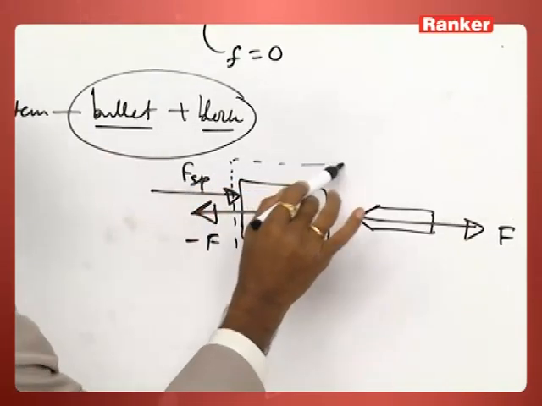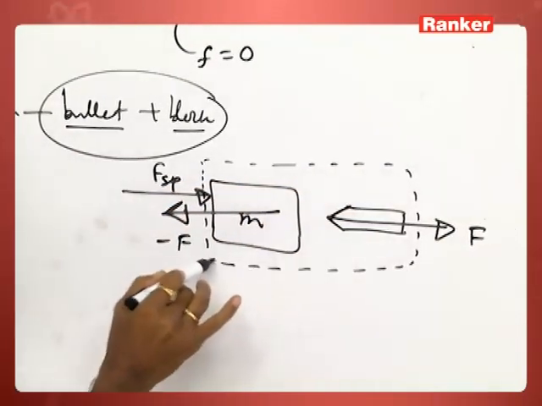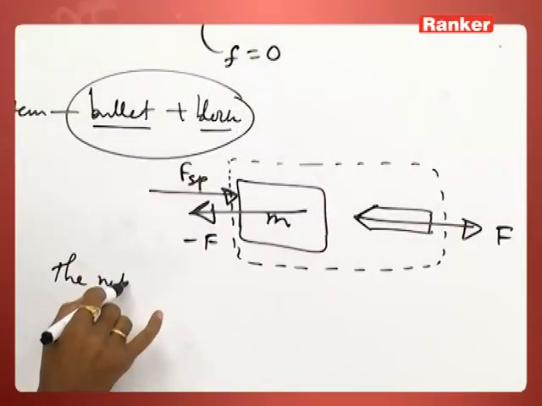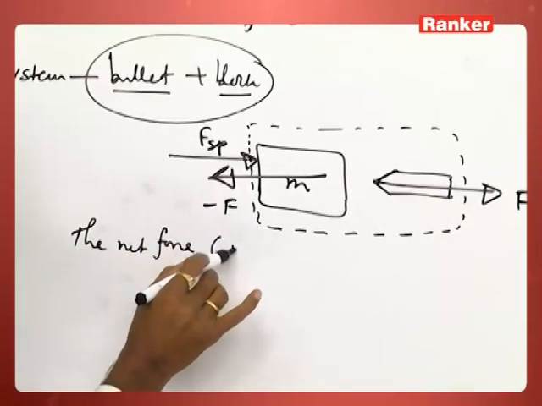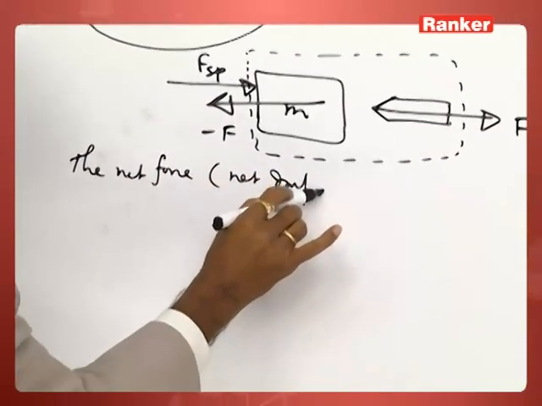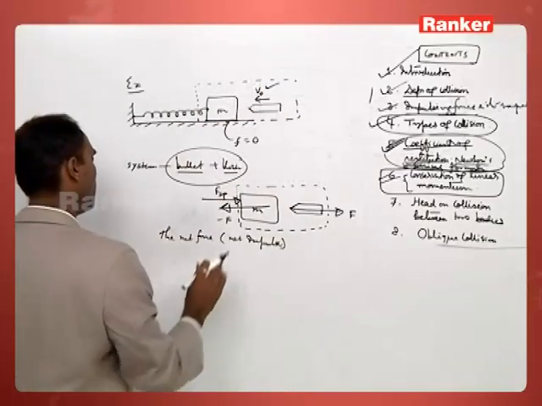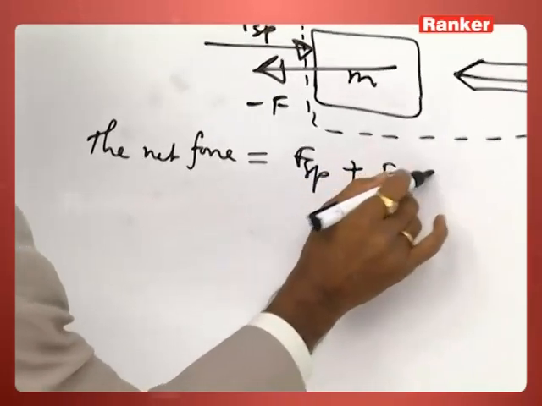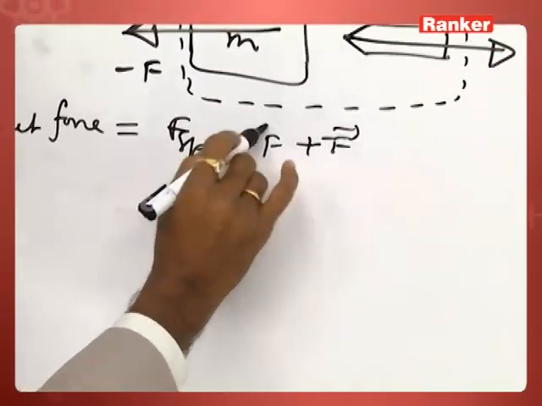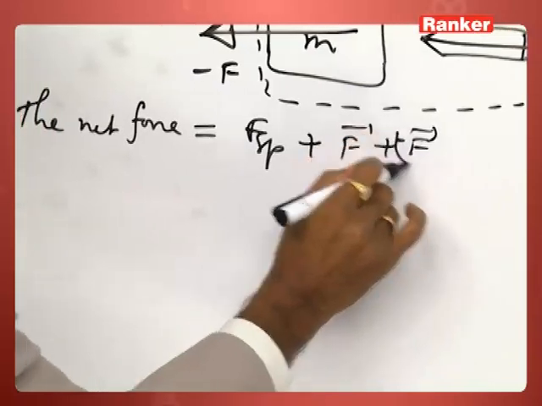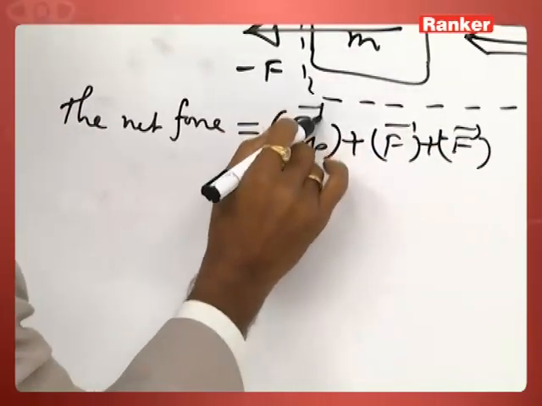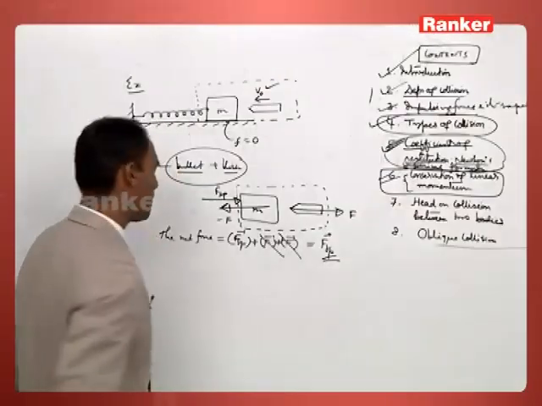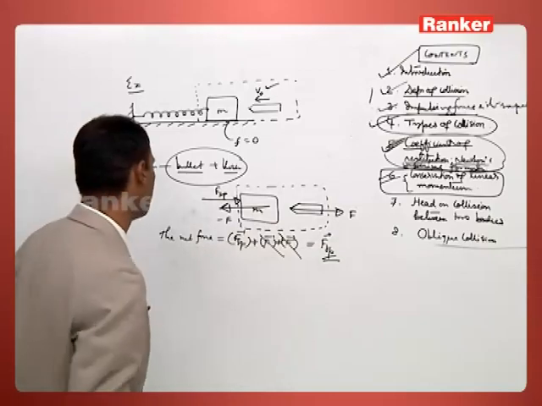If you take this as a system, the net force, or net impulse, is equal to spring force plus F plus minus F. This will get cancelled. Therefore, the spring force is the net force acting on the system.